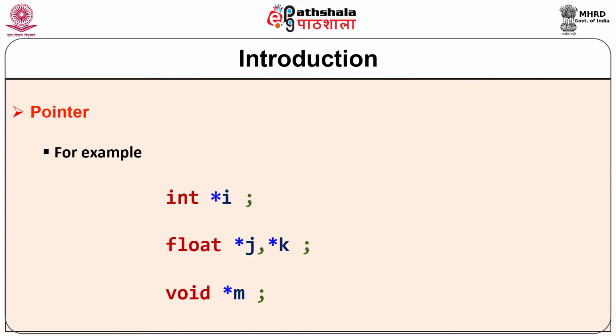Void *m is a pointer without a specific data type. So in this slide, you can see there are 4 different pointers: pointer i, pointer j, pointer k, and pointer m. Pointer i is integer, pointers j and k are float, and pointer m has no specific type.